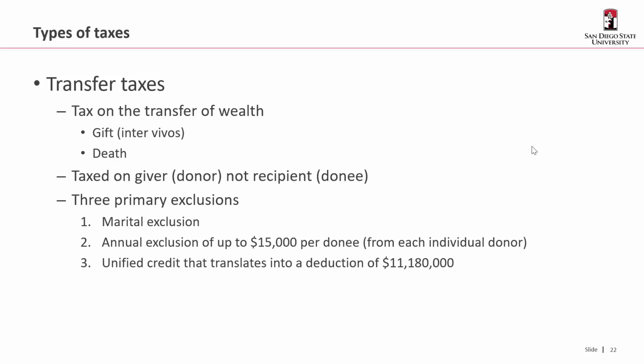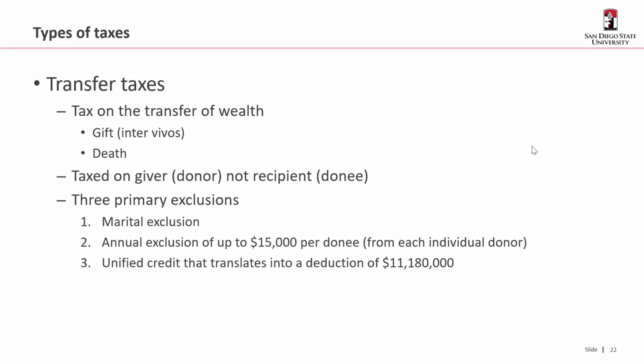There are three primary exclusions from the transfer tax. The first is the marital exclusion, and basically you can give all your assets to your spouse and not pay any transfer tax. There's also an annual exclusion of up to $15,000 per donee, and that $15,000 is a number that changes, not each year, but is adjusted for inflation for every thousand.